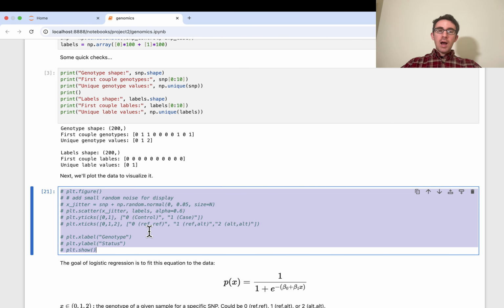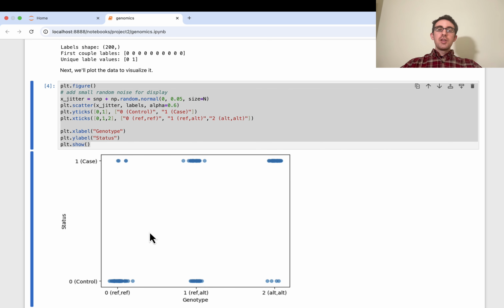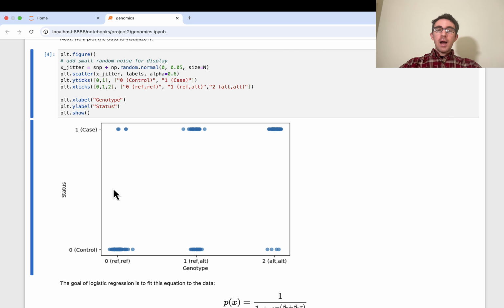Okay, so now we can make a plot to visualize this row of data that we're working with, this row for this particular SNP. This plot shows on the horizontal axis the genotype, 0, 1, or 2, which again just means how many copies of the alternate allele the person had in this SNP position.